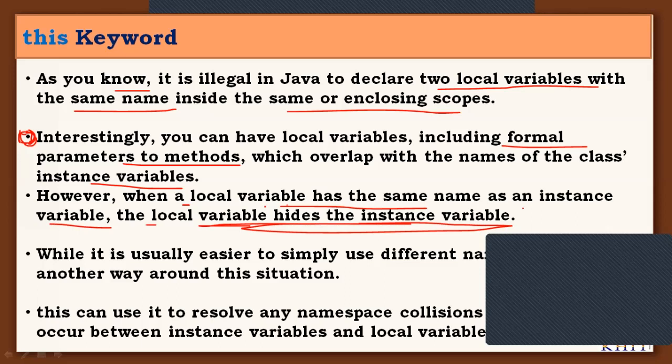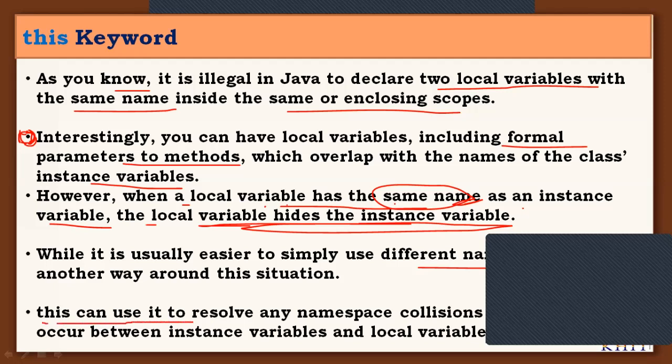To overcome this, the this keyword helps you differentiate the local variables and the instance variable with the same name. While it is usually easier to simply use different names, and generally when we use different names it is not a problem, there is also the possibility of overcoming this situation with the same names and the this keyword.